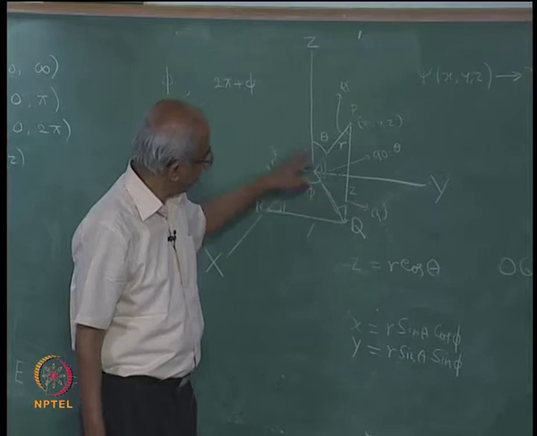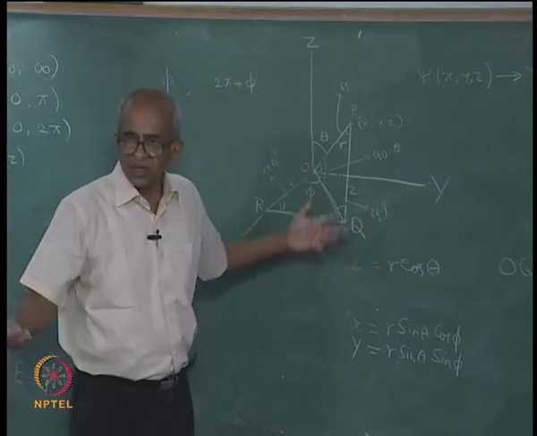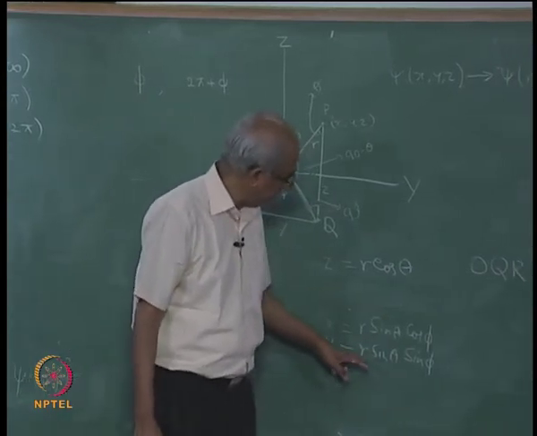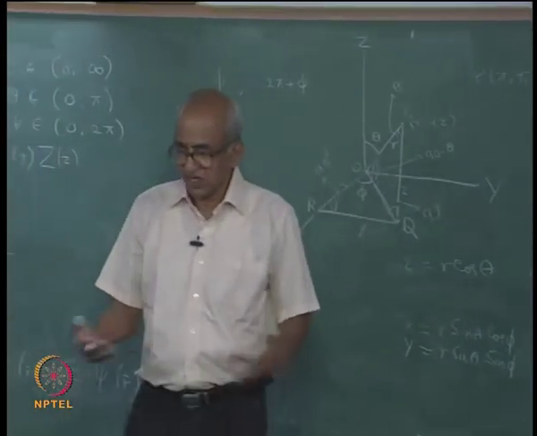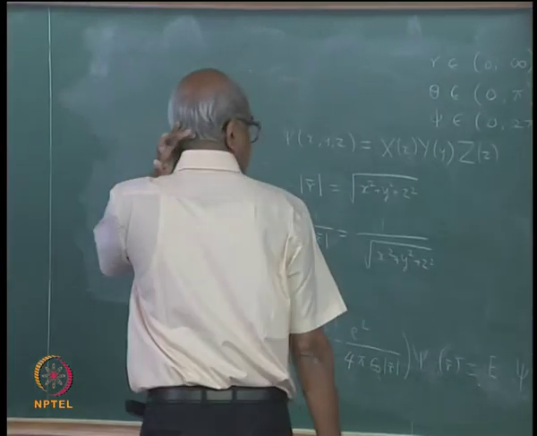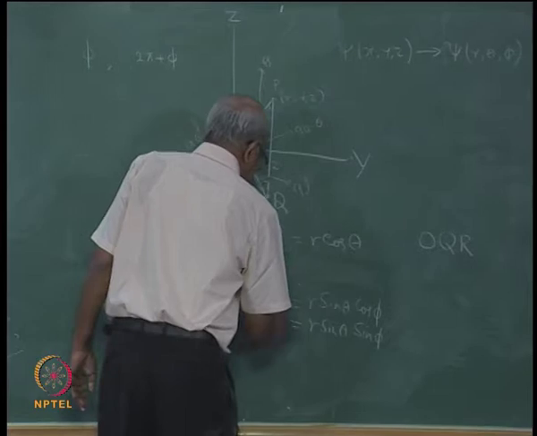OQ we had already found out, OQ was found to be r sin theta. So, therefore, x should be equal to r sin theta cos phi and y should be equal to r sin theta sin phi. So, this is a fairly simple derivation, and what you have to do is make use of these relationships.